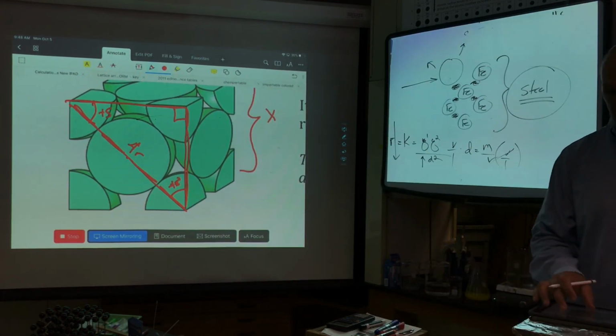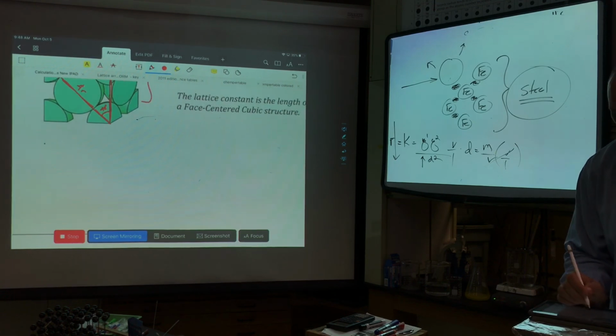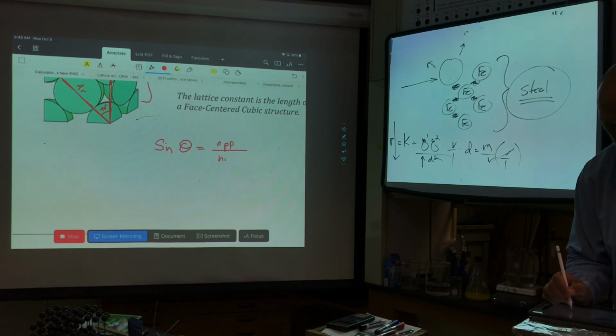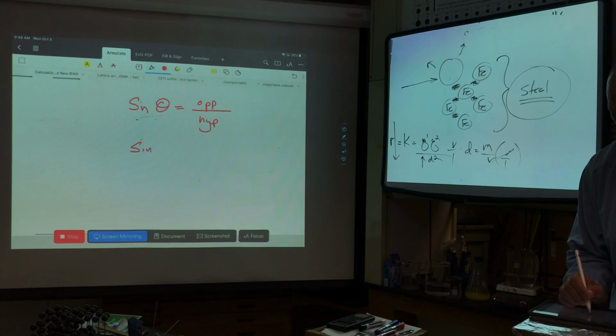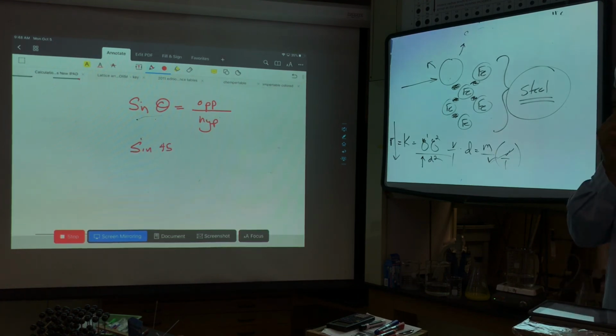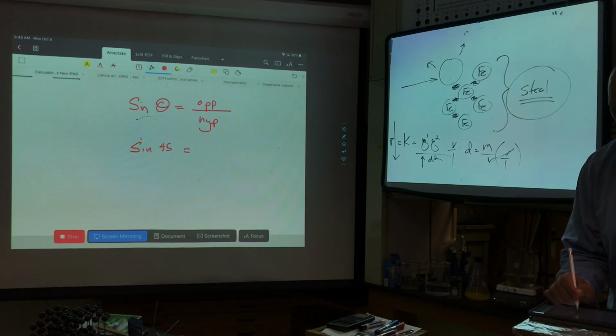So, what do we know? Sine of theta is equal to the opposite over the hypotenuse. Well, in this case, it's the sine of 45, which people know by heart because it's a common one in a right triangle, is equal to the opposite, which is the lattice constant, over 4 times r.